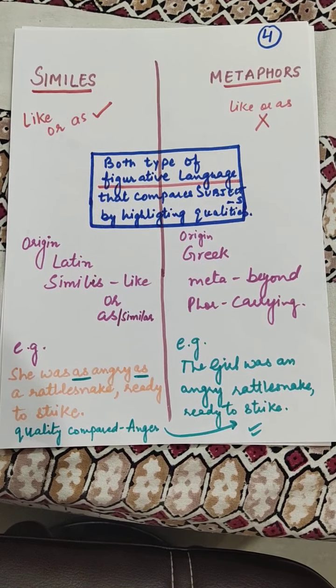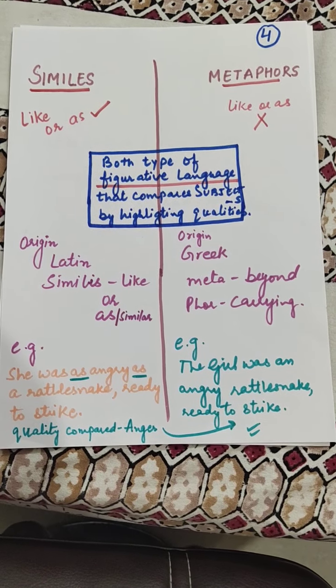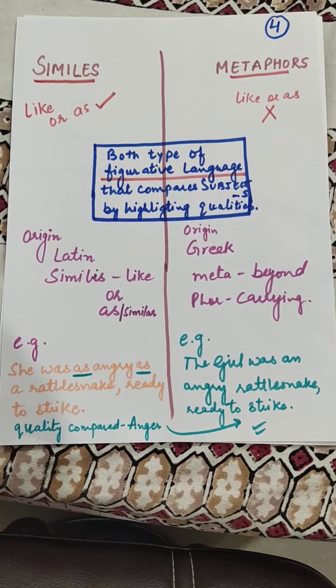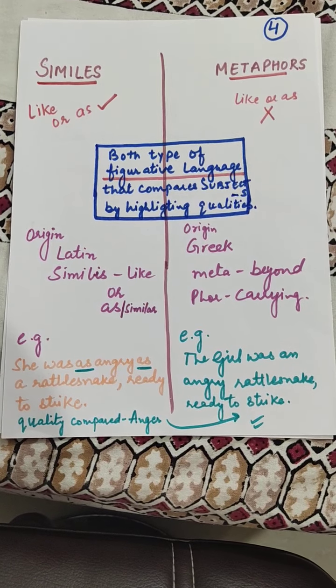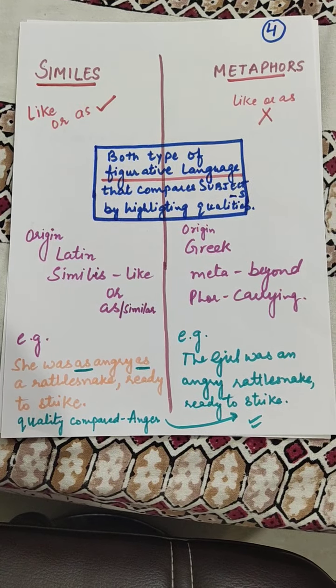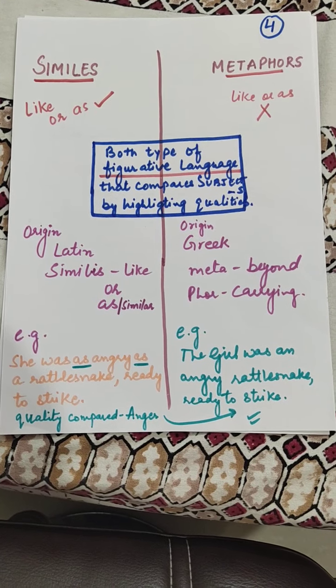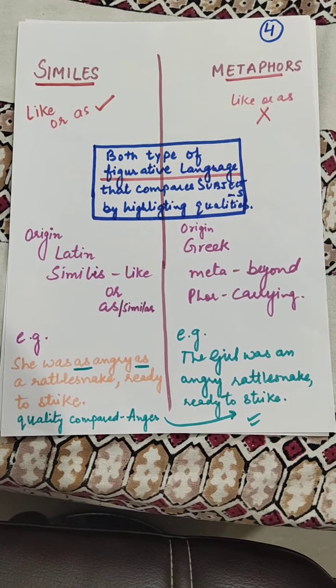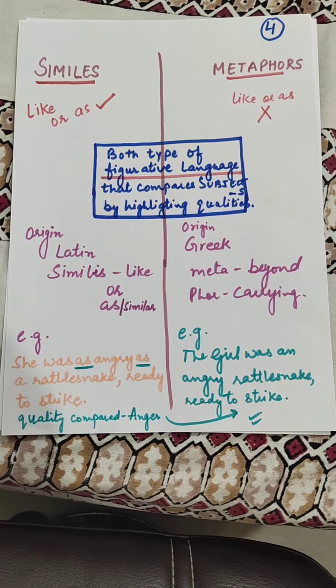The girl has been directly called an angry rattlesnake ready to strike. It also does not mean that she is converted into a snake when she is angry. So, metaphors are direct comparisons and similes are indirect comparisons, but both are used for the sake of comparisons only between two dissimilar things.